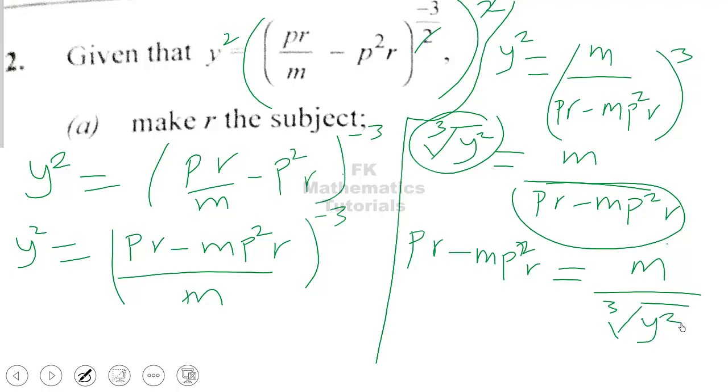Now I can factor the left hand side, so I'll have R outside, then I have P minus MP squared, and that will be equal to M over the cube root of y squared.